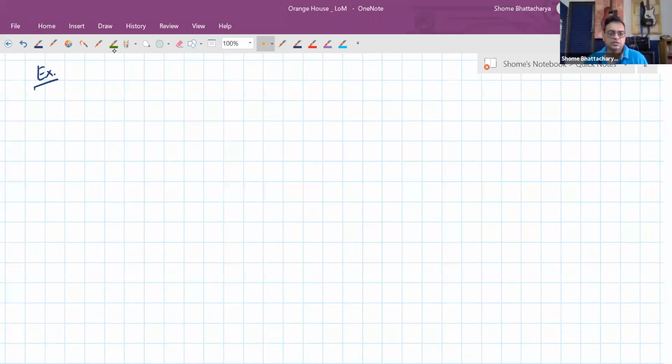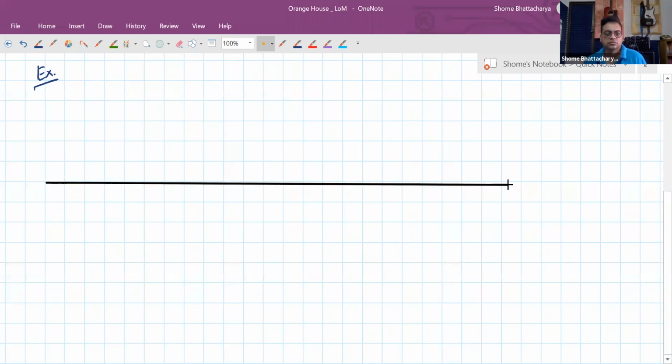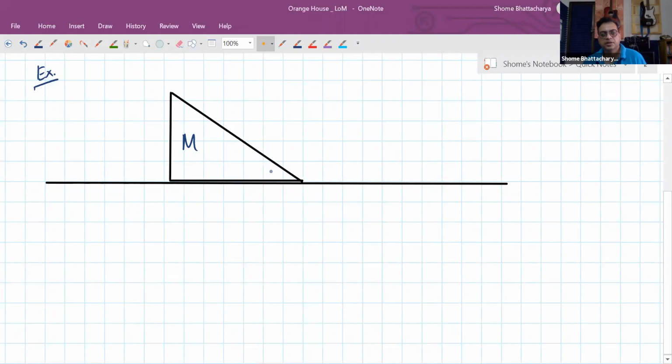Okay. So what's happening in this particular problem? We have this triangular wedge, which is of mass capital M, and this angle is theta.